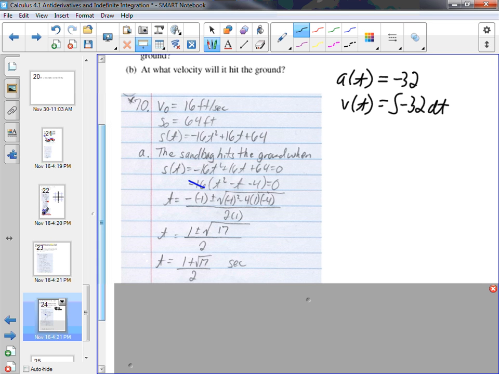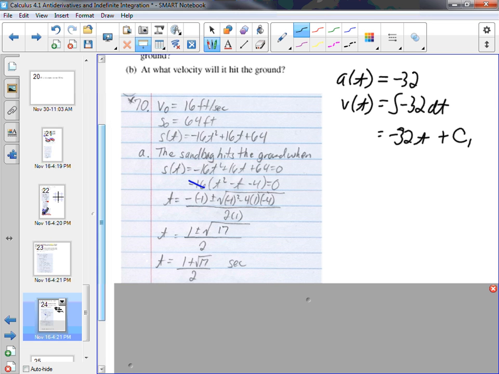So the velocity is going to be... wait a minute, I'm confused myself. So yeah, negative 32t plus c.